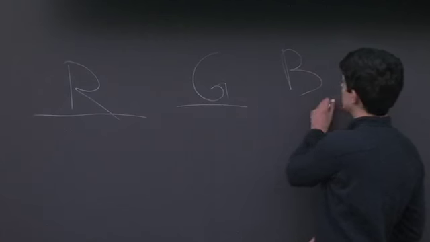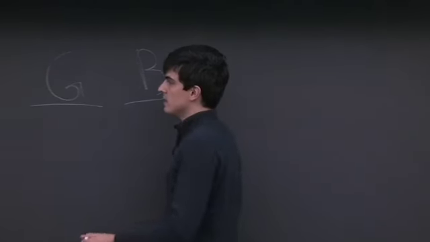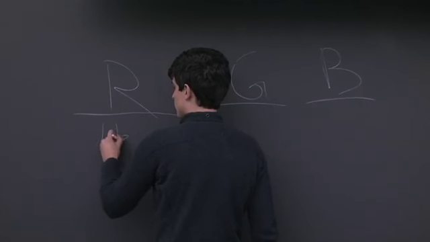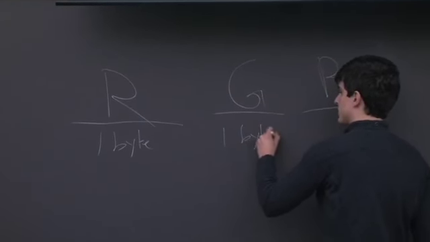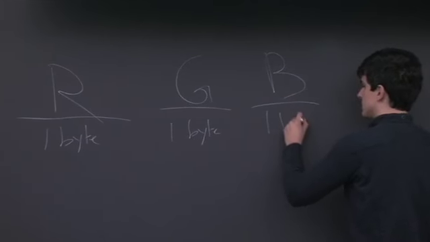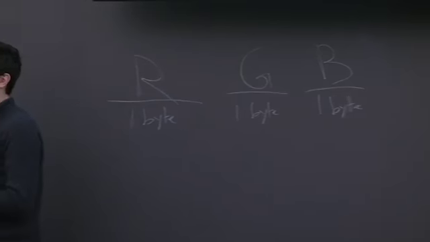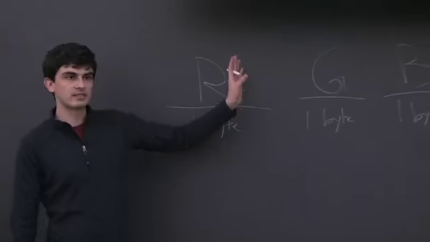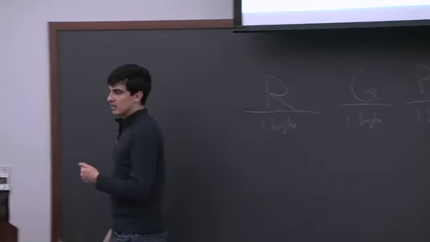So we have 3 components: a red, a green, and a blue component, and each one is allotted 1 byte of information. So what this means is that for each of these 3 colors, we have 256 discrete values. This may not sound like very much, but remember, putting all of this together, if you multiply 256 times 256 times 256, you get millions of different colors.